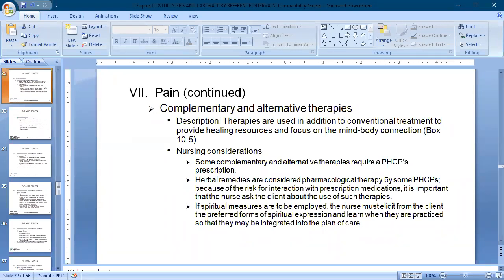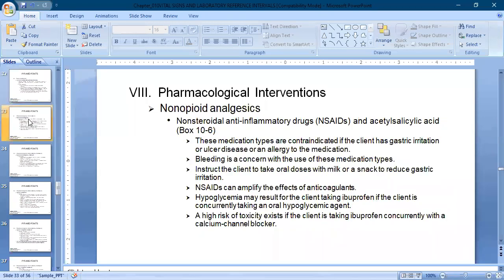So if you see your patient take herbal medication, it is considered pharmacological, but you have to tell the doctor or healthcare provider that your patient takes it. So when the doctor counsels them, at least you can evaluate any kind of risks.